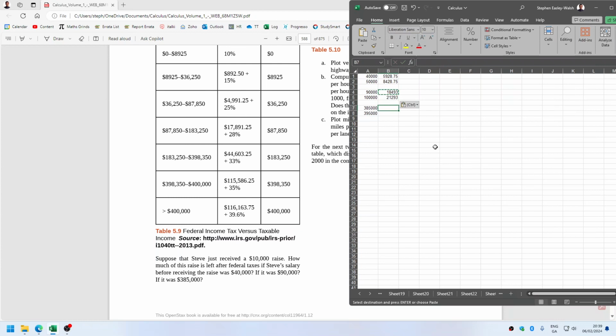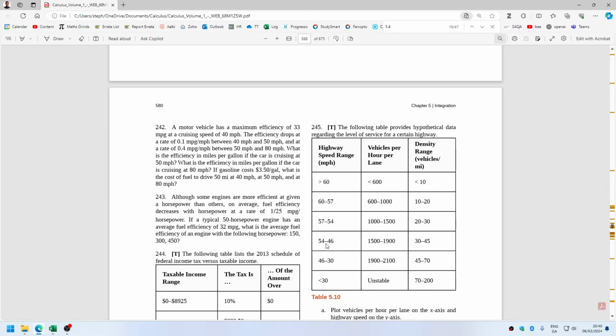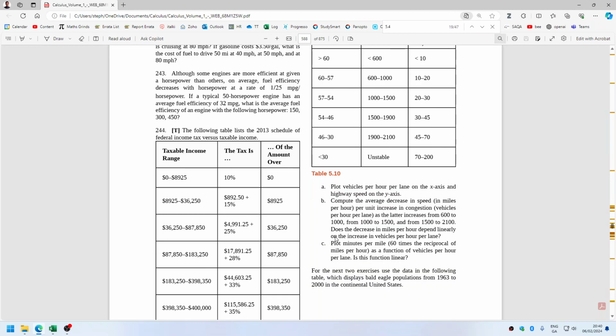And then 385, 395: 44,603.25 plus 33% of that number minus 183,250. All right. I think that's okay.